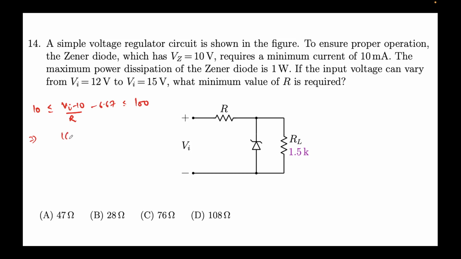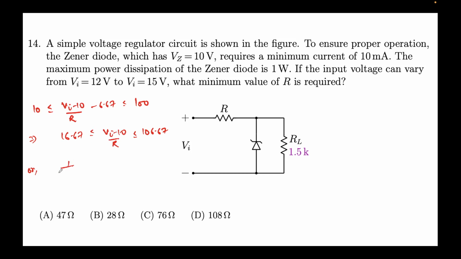This gives me 16.67 less than or equal to (Vi minus 10) over R less than or equal to 106.67. I just took 6.67 to the other side, nothing else. Now I'm going to flip it and take the inverse of everything.